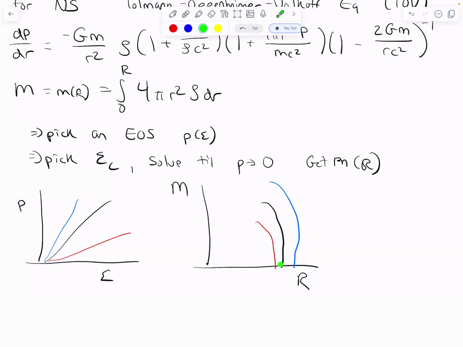And so in principle, I can throw in a bunch of different equations of state and look at observational constraints over here and try and work backwards to get my equation of state on this side. And that's something that people do quite extensively: you put in various forms of your equation of state and see how it compares to data.